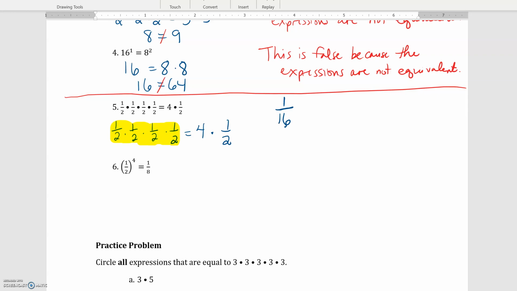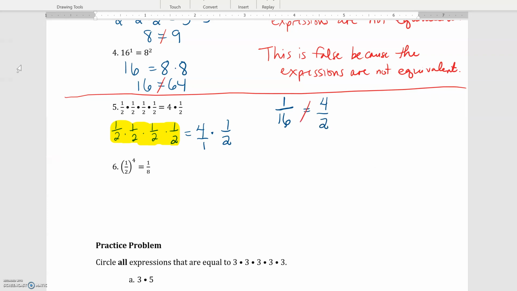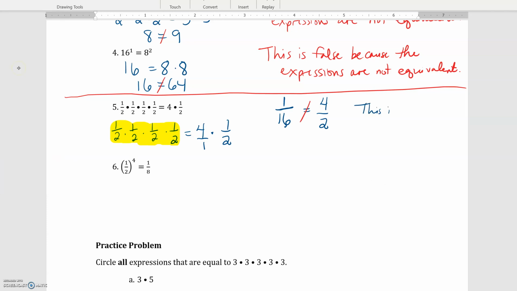And then on the right side, if I write this as 4 over 1, it's going to be 4 times 1 gives me 4. 1 times 2 gives me 2. Now, this is clearly, again, not equivalent. So I'm going to say that this is false, again, because the expressions are not equivalent.